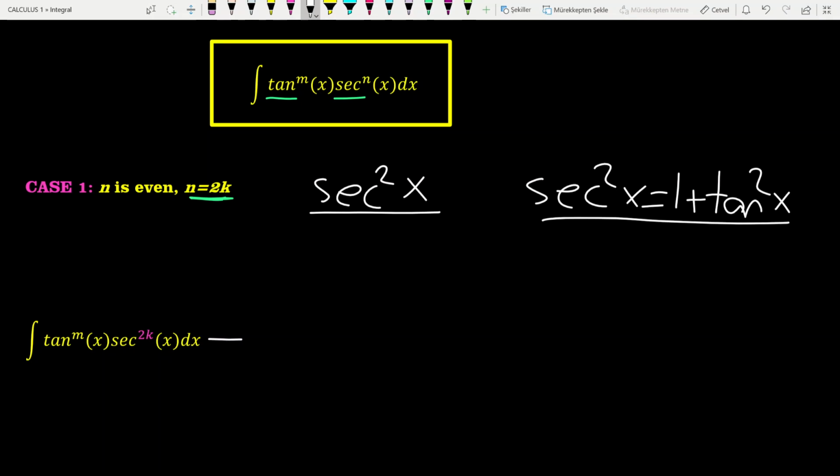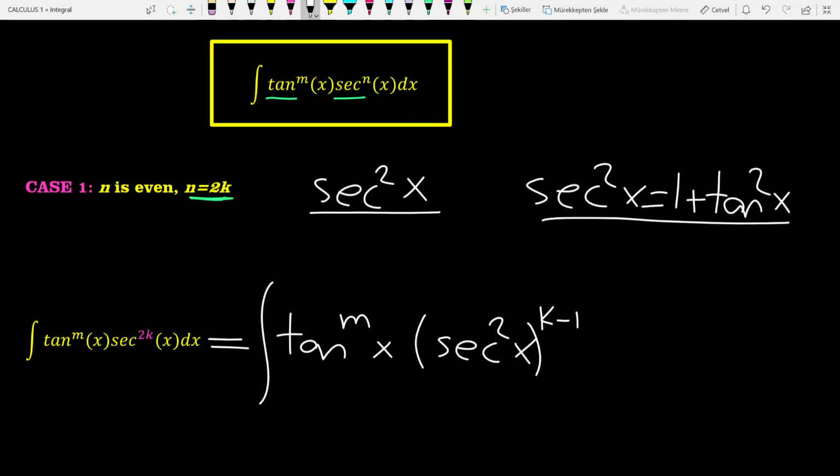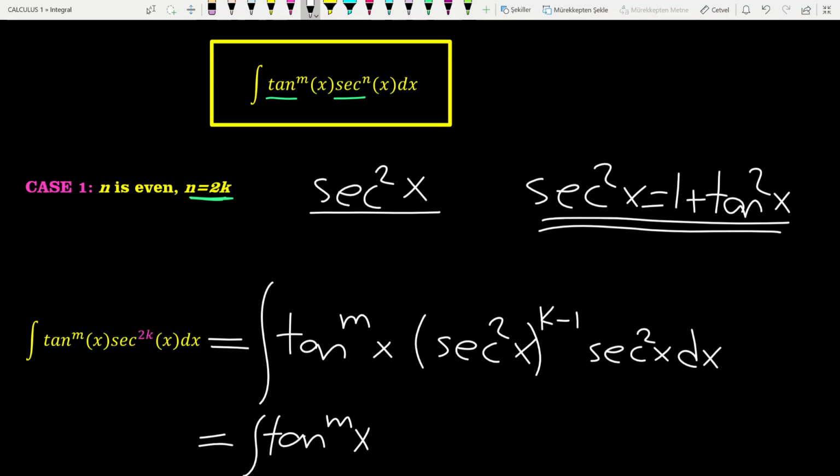In this case, the integral becomes tangent to the power m x. Instead of secant to the power 2k, I have secant squared x to the power k minus 1, and I save 1 secant squared x function, dx. And in this step, I use this trigonometric identity. The integral becomes tangent to the power m. We don't change this part.